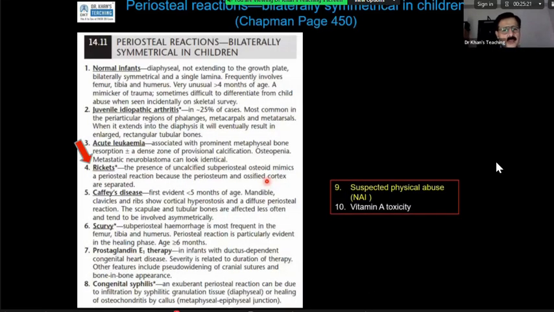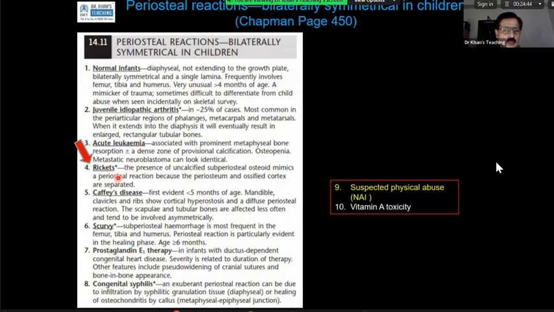Now, this differential diagnosis is my favorite differential diagnosis. I think I've taught this many times, which is periosteal reaction, bilateral symmetrical in children. I don't have time today to teach everything, but we'll concentrate on the film itself, rickets. If you go back to the pathophysiology, in a usual growing skeleton we know that there is osteoblastic and osteoclastic activity. So under the periosteum, new bone formation is happening.